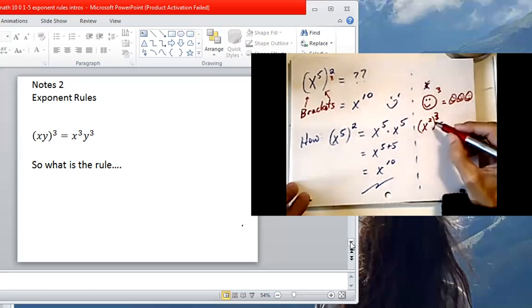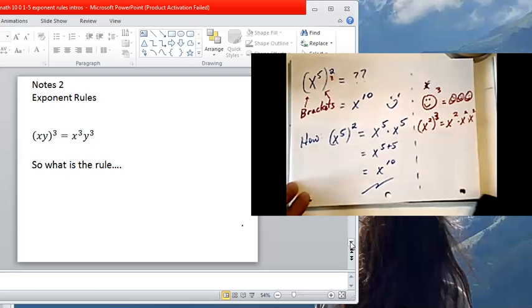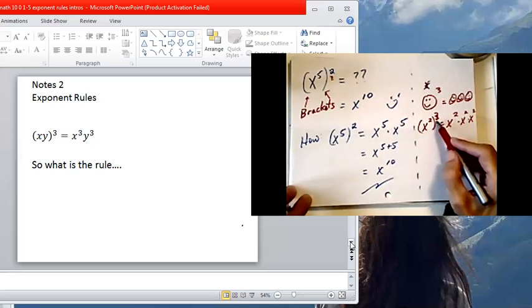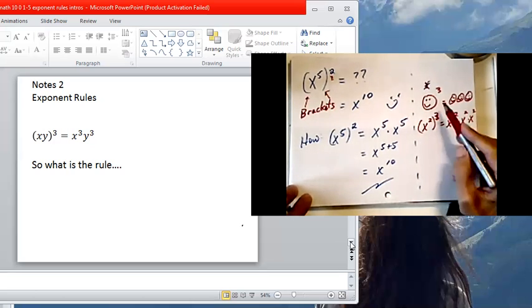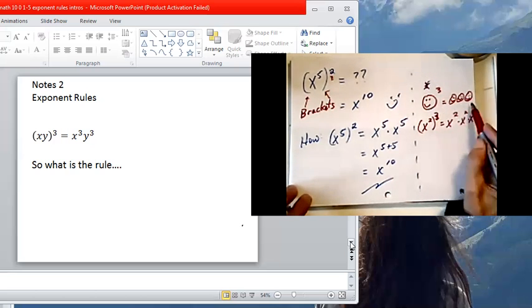Okay. So you would say 3 x squareds. So x, 3 times. Yeah, exactly. We don't count the number inside the bracket. This is not how many x we have. Correct. It's the 3 of the inside.